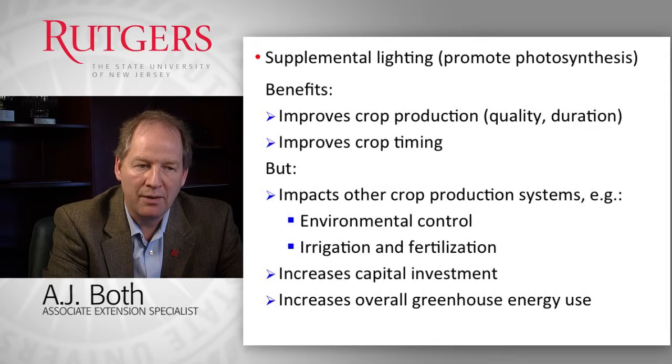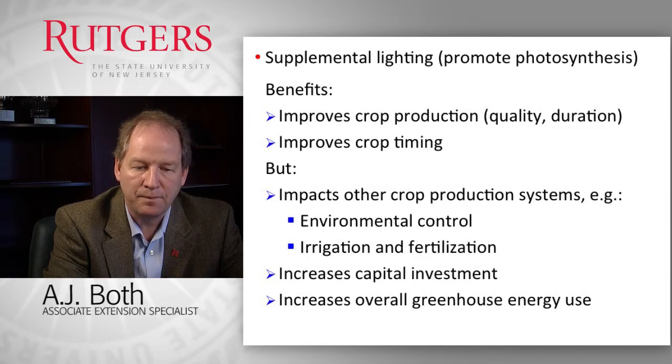We have to worry about increased crop production, increased growth rates, and thus we need more water and we need more fertilizer. So the lighting system is a critical component, but as with many greenhouse systems, it interacts with other components of the greenhouse environment, and we need to understand these interactions to make sure we maintain the proper conditions throughout the crop cycle.